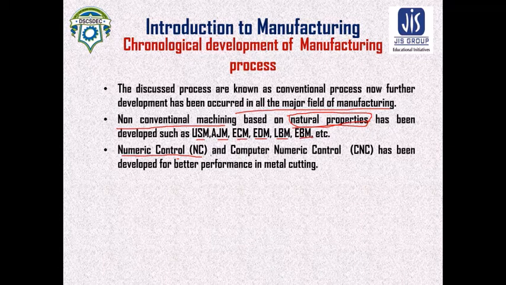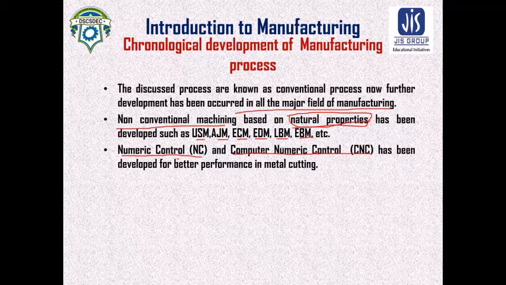The main problem with numeric control is that if you want to change some instruction in between during the operation, you can't do it. You have to change the whole set of instructions. But in computer numeric control, you have the advantage of changing a small part of the instructions whenever you want.